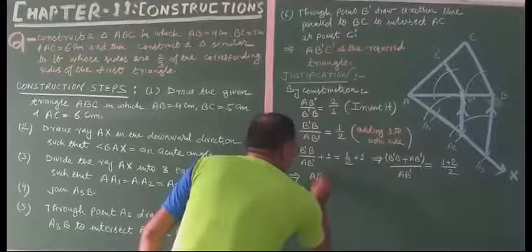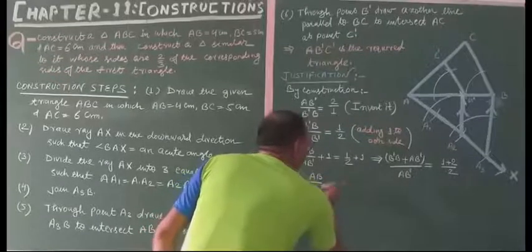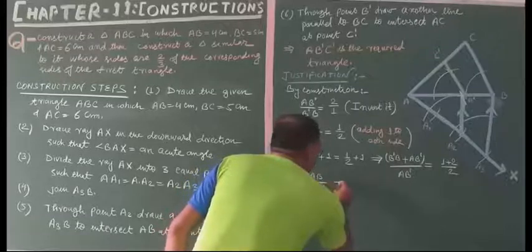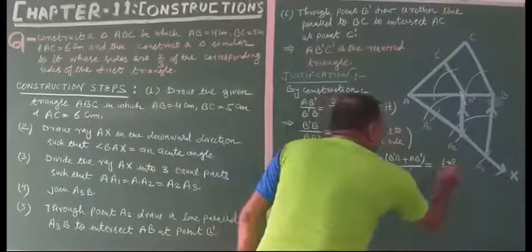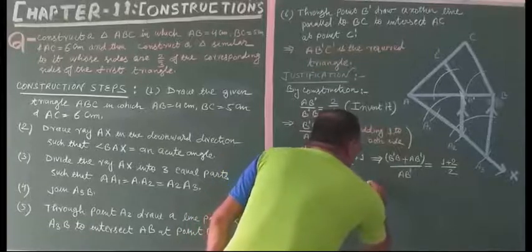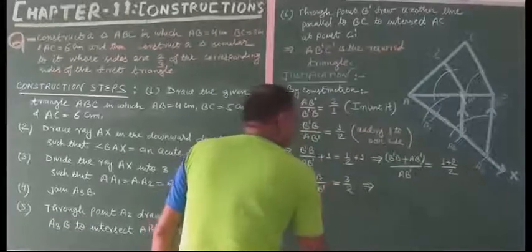It means AB upon AB dash. How much? 3 upon 2. Or again I am inverting this.